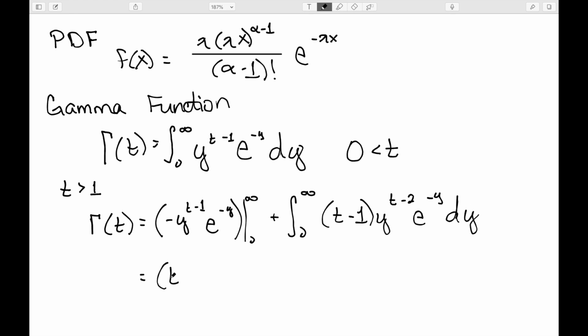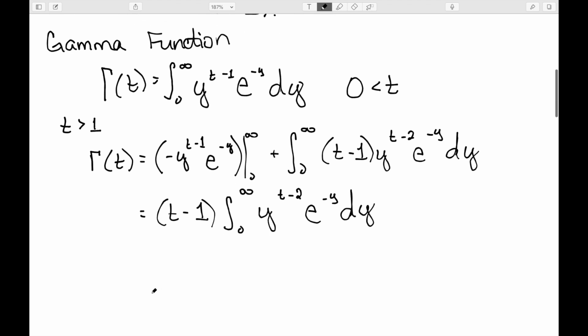I can simplify this to get t minus 1 times the integral from 0 to infinity of y^(t minus 2) e^(-y) dy. Whenever I simplify this first part, I just end up with 0. And then this piece over here, I just factored out the t minus 1. So that's t minus 1 times the gamma function evaluated at t minus 1.